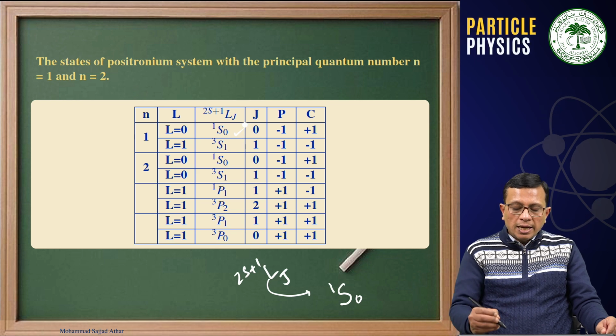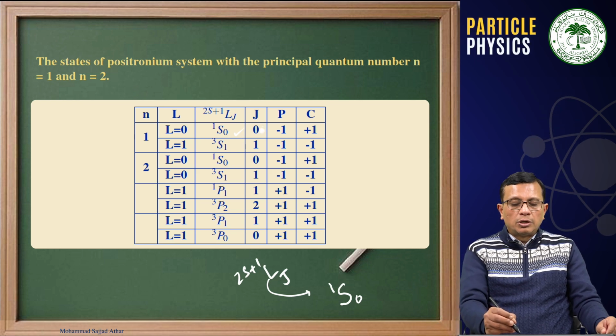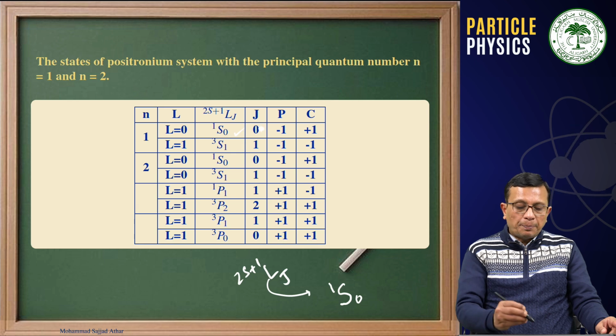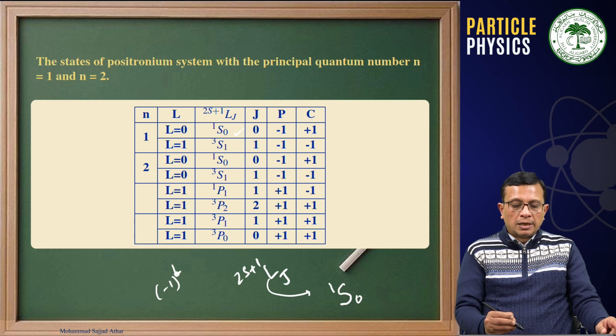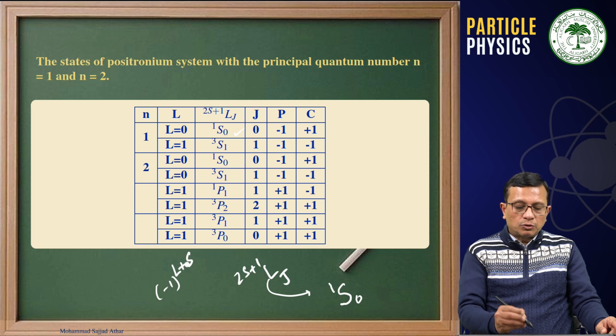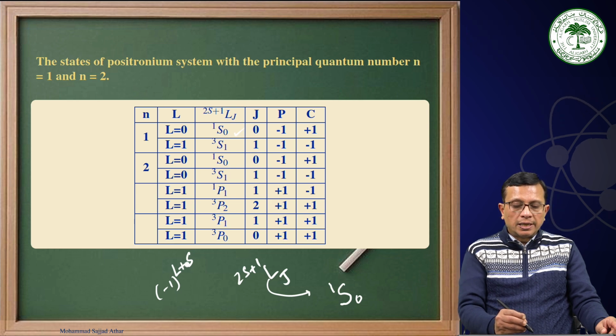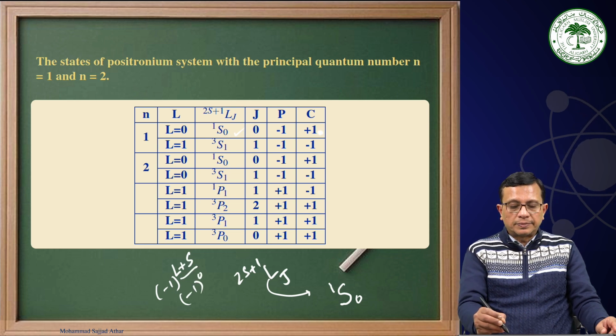Then L is 0, S is 0, and J is 0, while parity is minus 1 to the power L, and C parity is minus 1 to the power L plus S. Therefore, with L equal to 0 and S equal to 0, this is minus 1 to the power 0, and that is even.